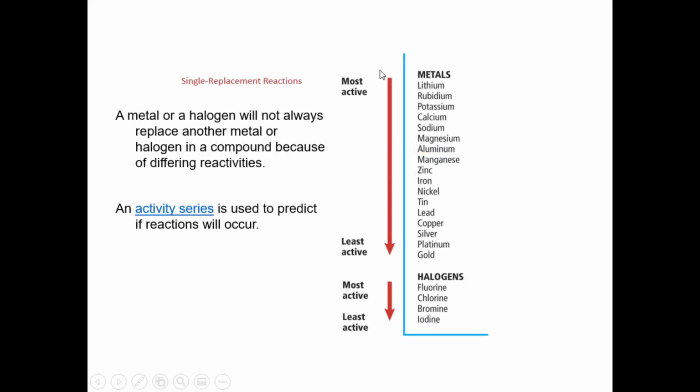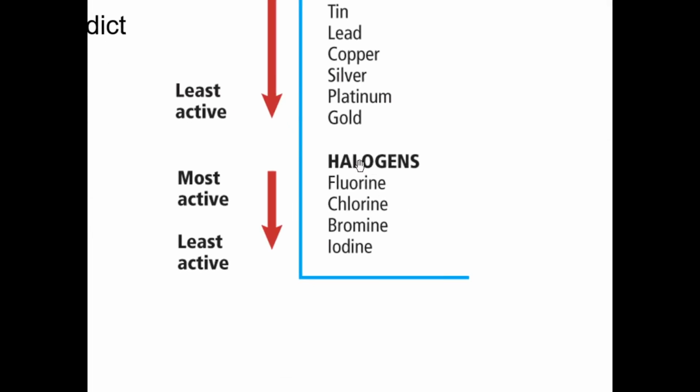So here is what we call an activity series, and it has a list of all of the substances based on their reactivity, with the most reactive on the top and the least reactive on the bottom. If we talk about our halogens, which we were just discussing, fluorine is more active than chlorine. So chlorine can't replace fluorine. Neither can bromine or iodine. Fluorine can replace any of these, chlorine, bromine, or iodine.